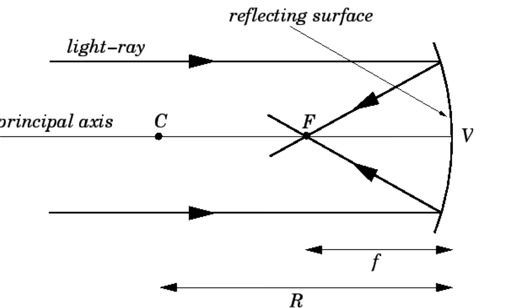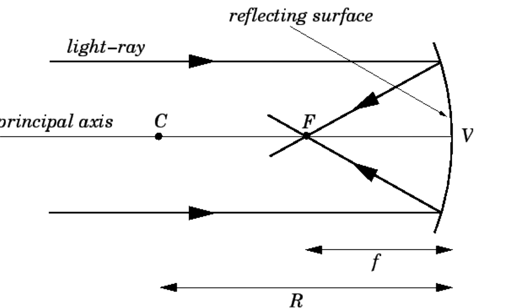It is found experimentally that rays striking a concave mirror parallel to its principal axis, and not too far away from this axis, are reflected by the mirror such that they all pass through the same point F on the principal axis. The point which lies between the center of curvature and the vertex is called the focal point or focus of the mirror.